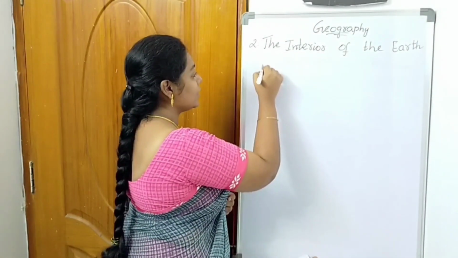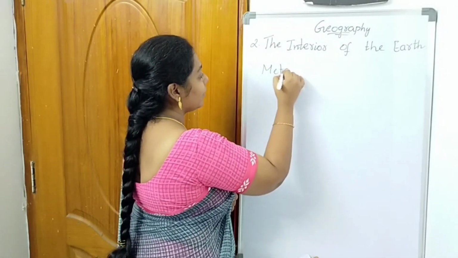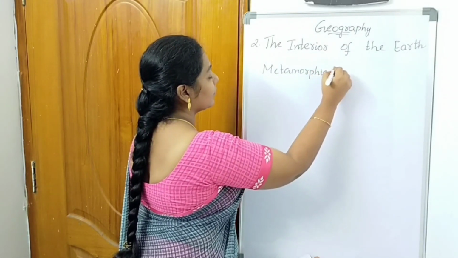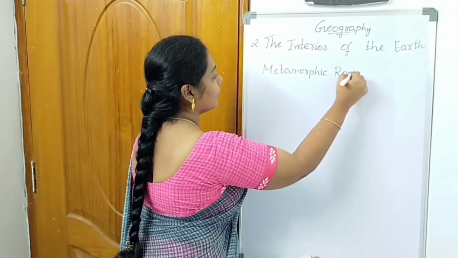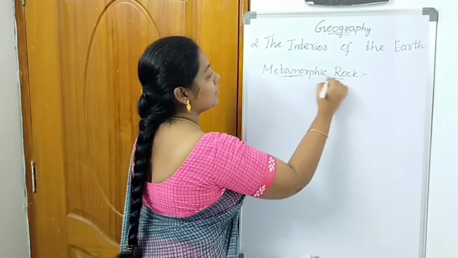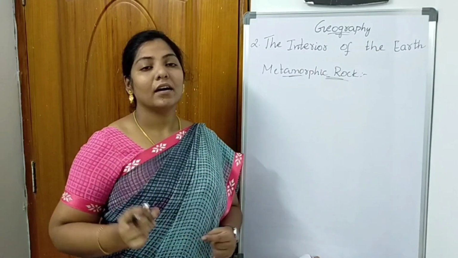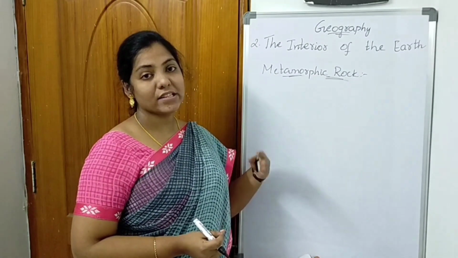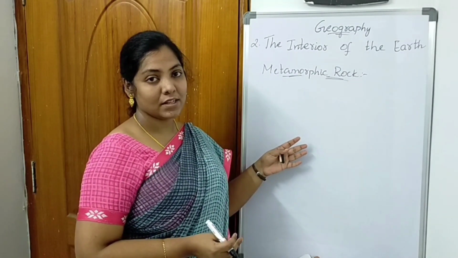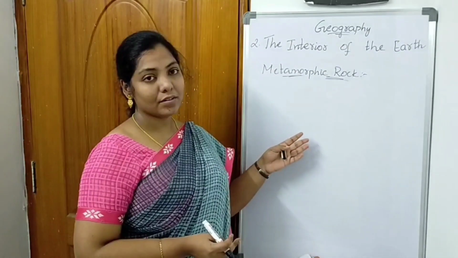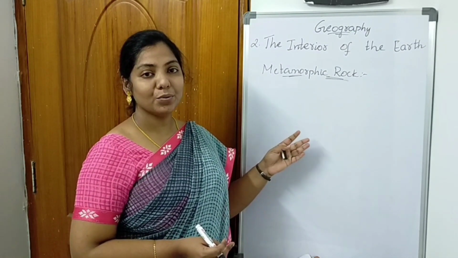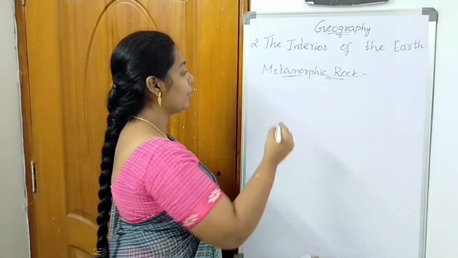And the last one is metamorphic rock. Sometimes the igneous rocks and the sedimentary rocks transform or metamorphose into another rock due to temperature and pressure, thus leading to a new rock, that is metamorphic rock.